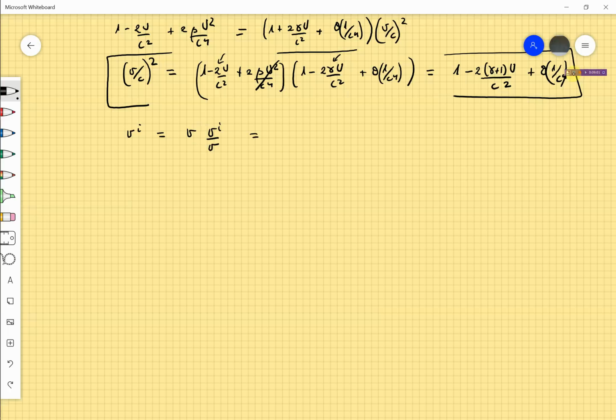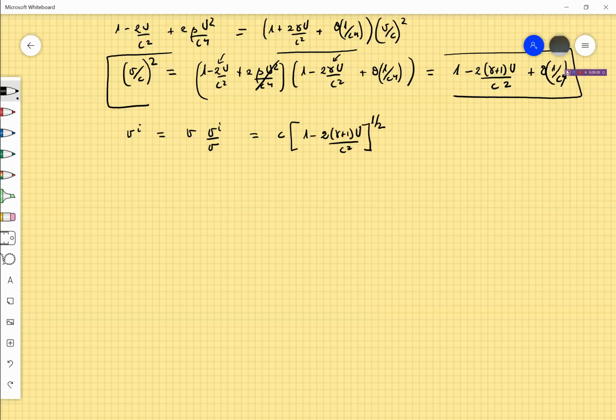Using this formula, v is c times 1 minus (2γ plus 1)U divided by c squared, and v^i over v is to the power 1/2.